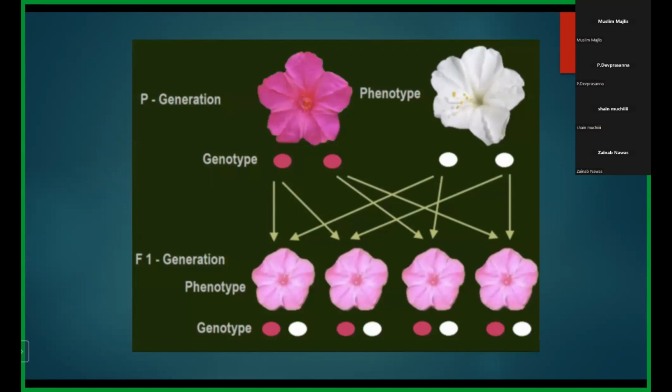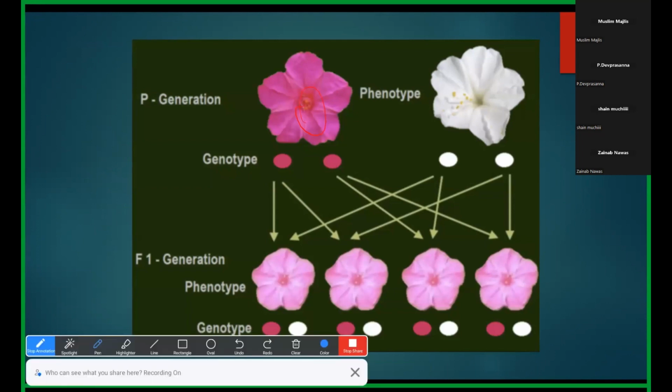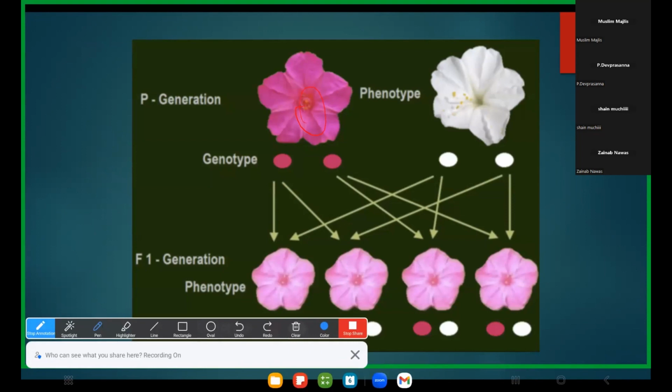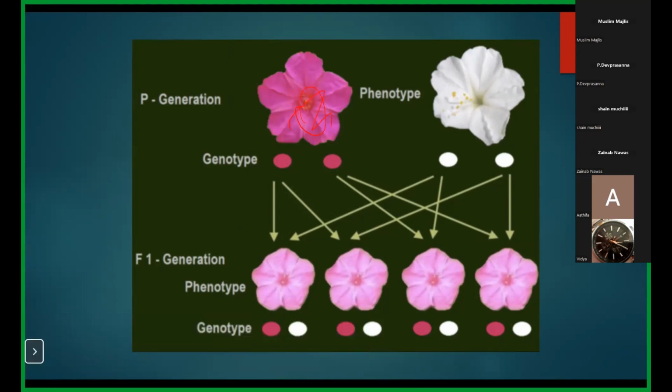Here we have red color flowers and white color flowers, and in the heterozygous state they show a phenotype that is neither red nor white and instead show a light pink color.